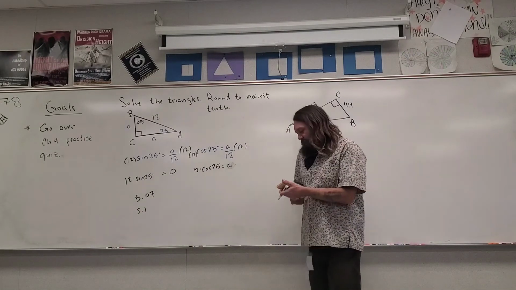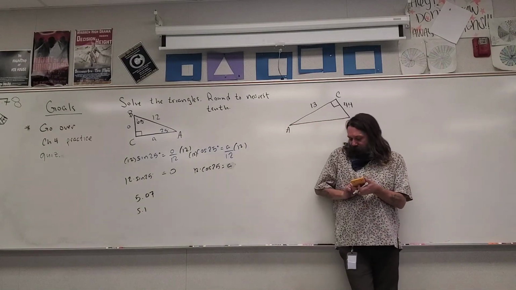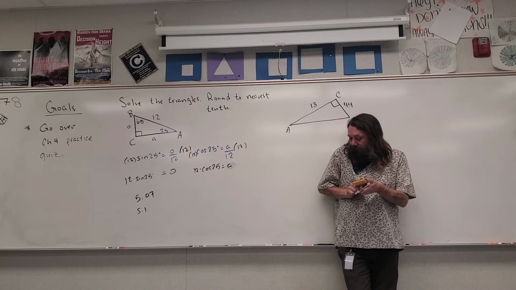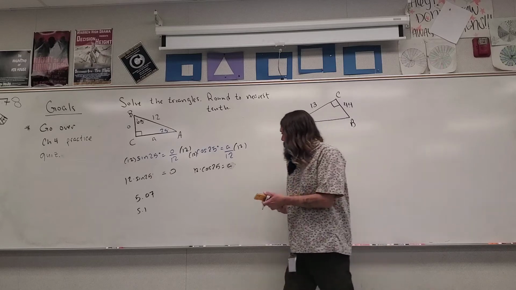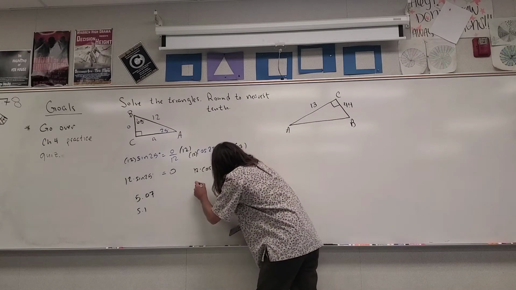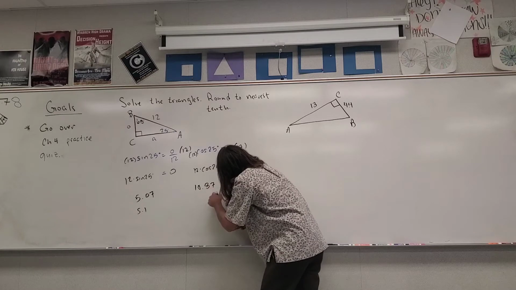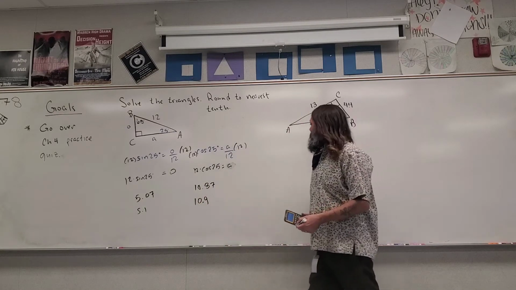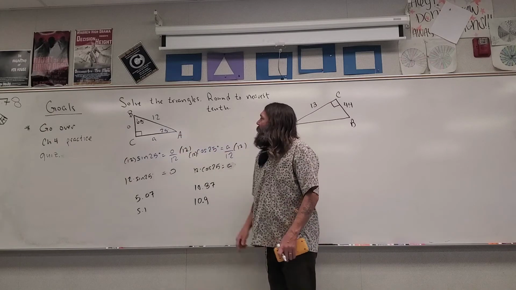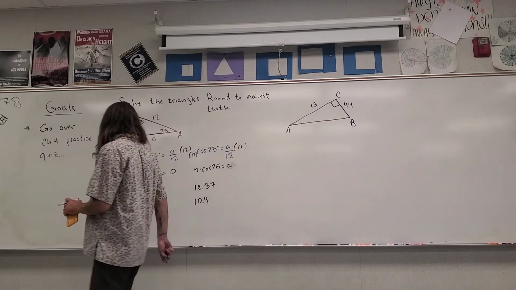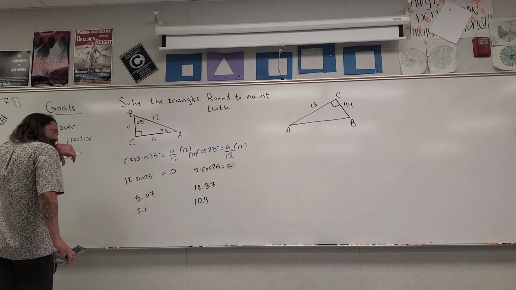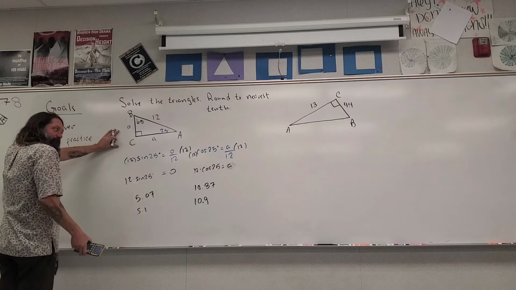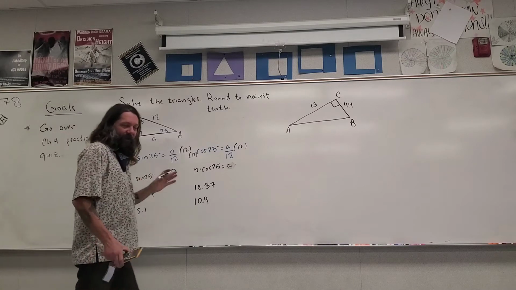The adjacent side length is 12 times the cosine of 25, and that's equal to 10.87, which rounds to 10.9. So I've solved this triangle. I did not need to use inverse trig functions because I'm not finding angles. I'm only finding side lengths, so I just use the trig functions as they are.